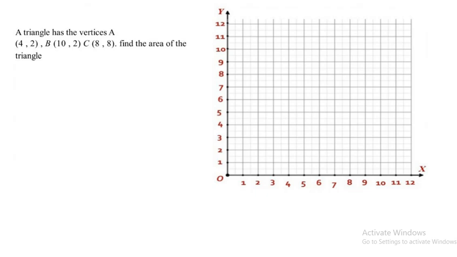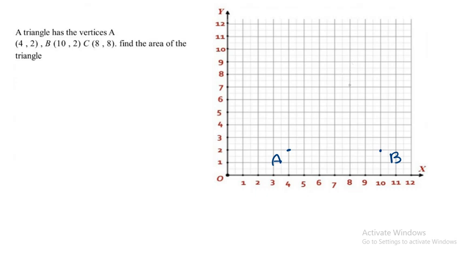Another one. A triangle has the vertices A 4 and 2. This is 4 and 2, which is A. Point B 10 and 2. Point C 8 and 8.